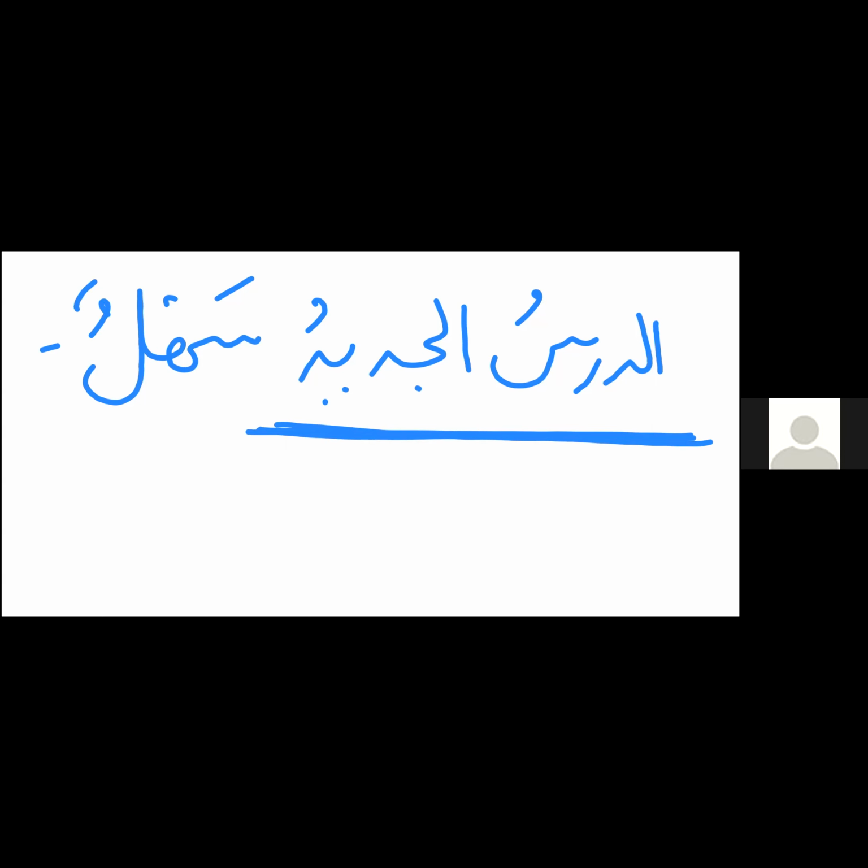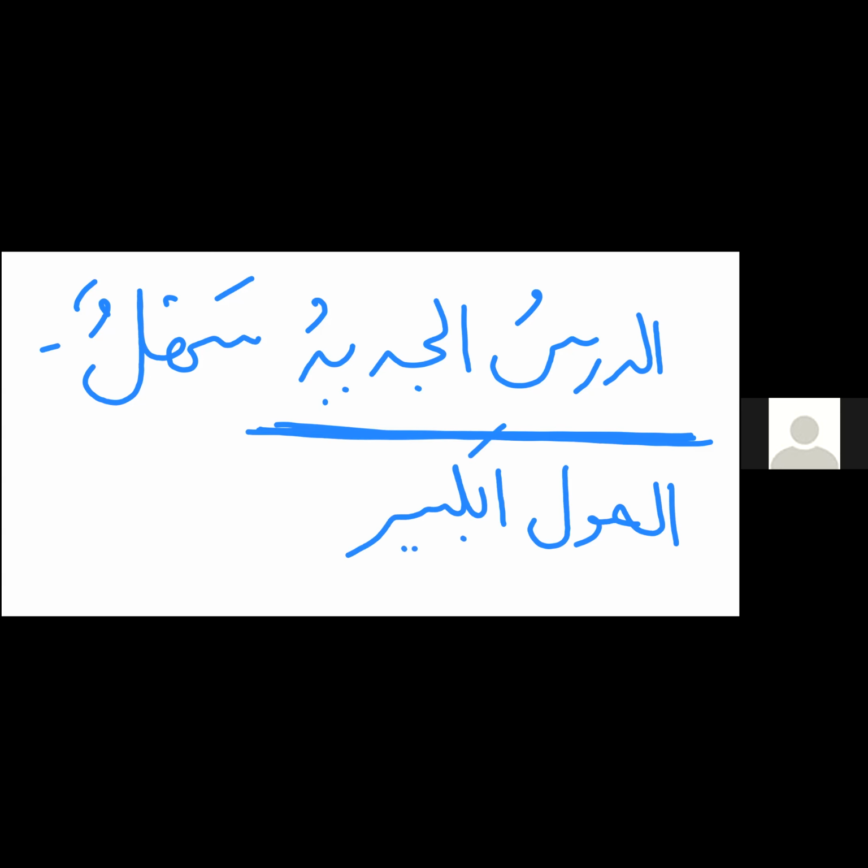Now أختي فرزانة, are you with us? Yes, ma'am. All right. So let me ask one example from you. You want to say the big mall is open. How are you going to say that? The big mall is open. المول كبيرة مفتوحة. مفتوح.